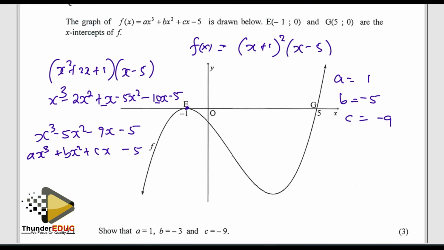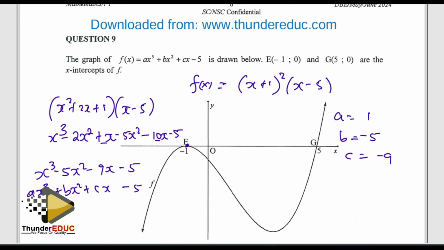So why are they having a 3? Oh, what did we do wrong? No, we have to go back. Something is off. What did I do wrong?